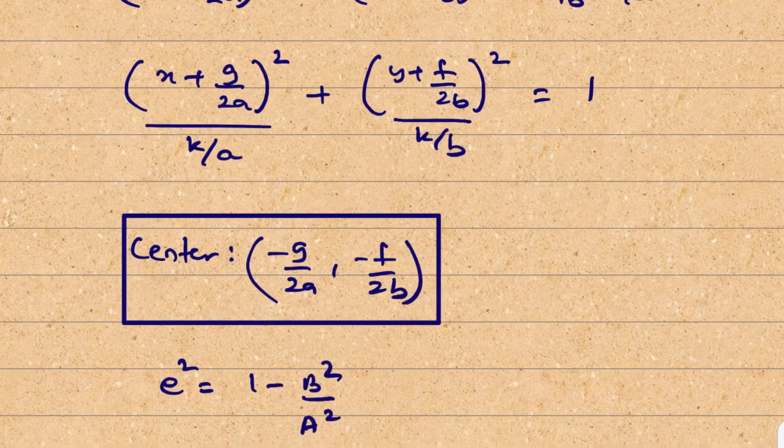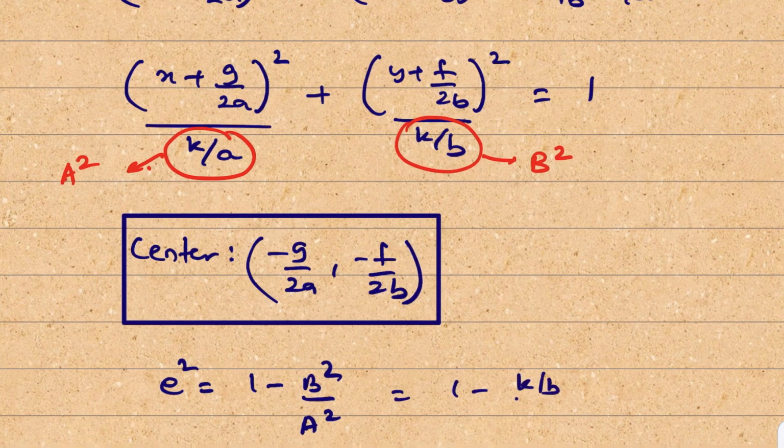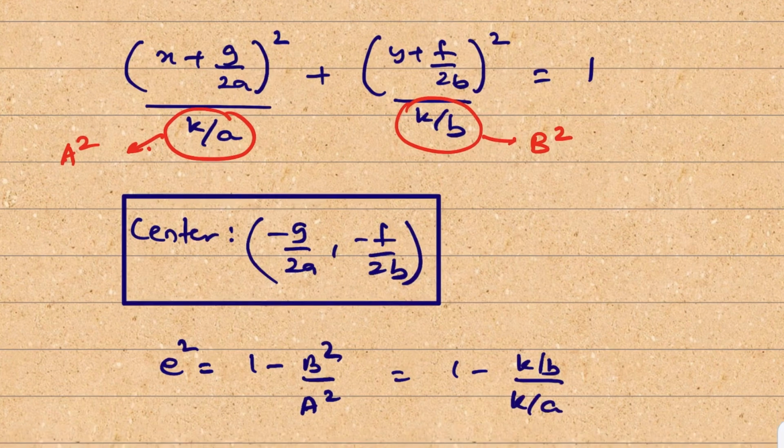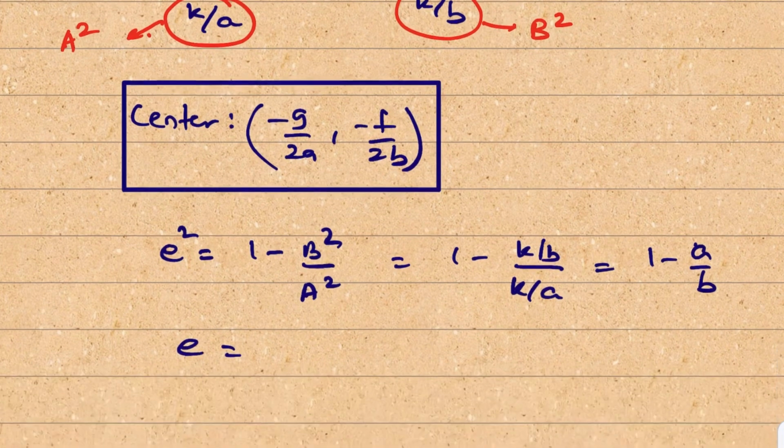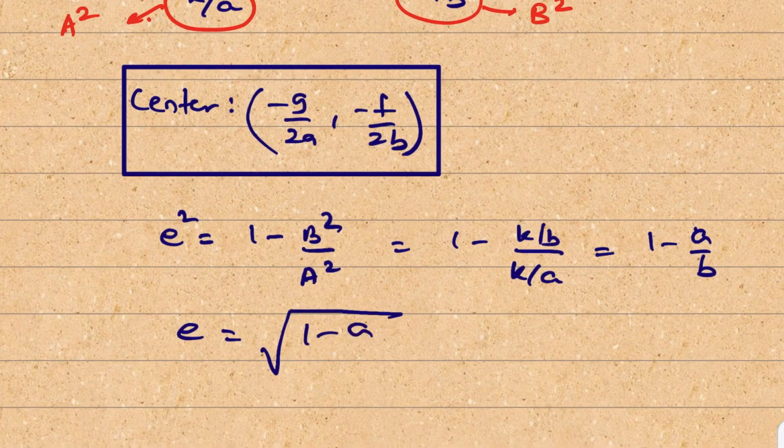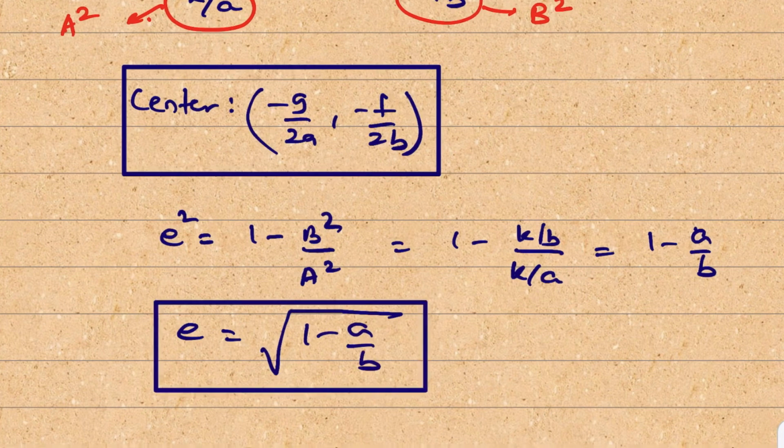Now here in this case, if I take this quantity as capital A square and I take this quantity as capital B square, we can write this as 1 minus k upon b divided by k upon a. k and k will cancel out and we'll get 1 minus a upon b. That's why e is equal to root of 1 minus a by b. Here in this case, care must be taken that a is always less than b.